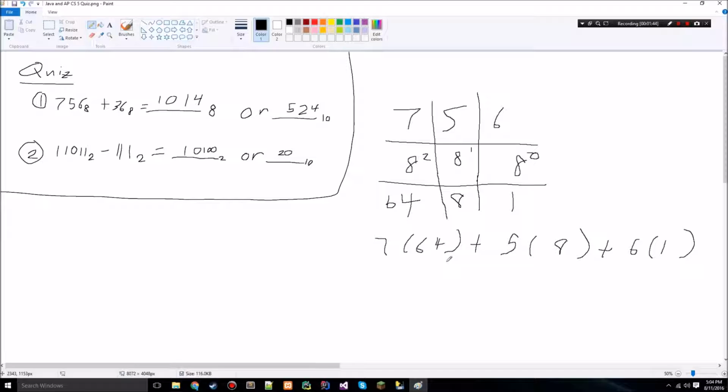So 7 times 60, that would give us 420. 7 times 4, that would give us 28, so 420 plus 28, that would give us 448, plus 40, that would give us 488, plus 6, so 494 base 10.